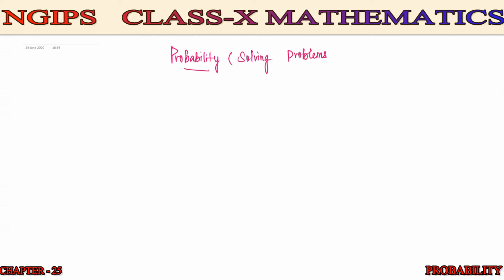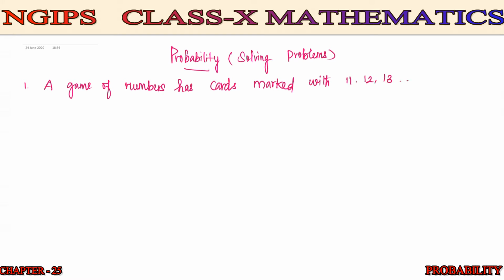So here we have the first question. A game of numbers has cards marked with 11, 12, 13, etc. till 40. A card is drawn at random.